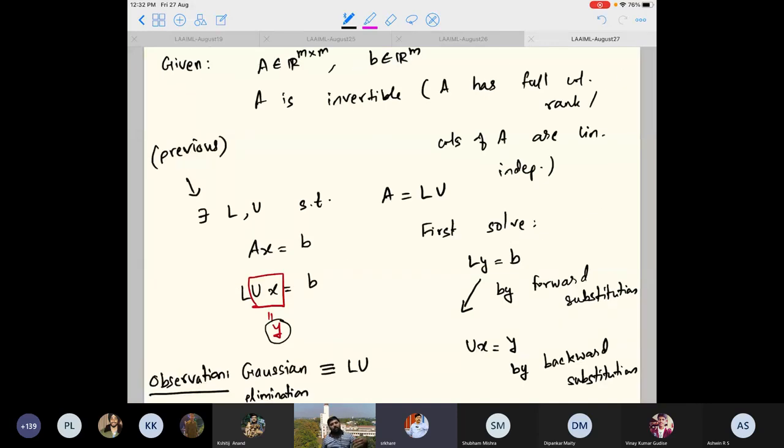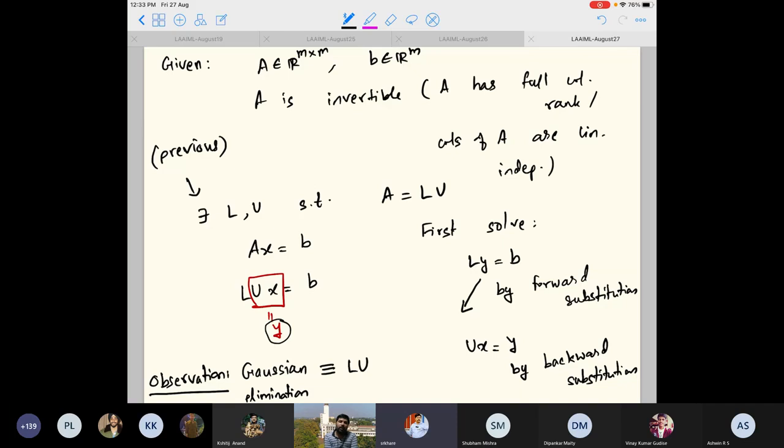And in Gaussian elimination, what are the multipliers that you use? Those multipliers entirely give you information about the lower triangular matrix L. And after Gaussian elimination, whatever you obtain as your upper triangular system, that upper triangular system itself is the U in this LU decomposition. So Gaussian elimination and LU decomposition are basically the same.